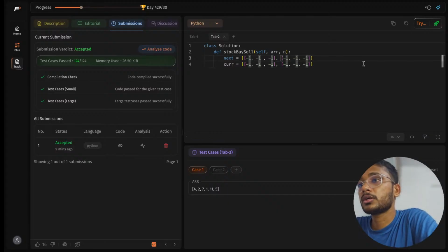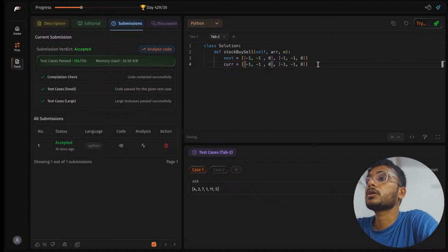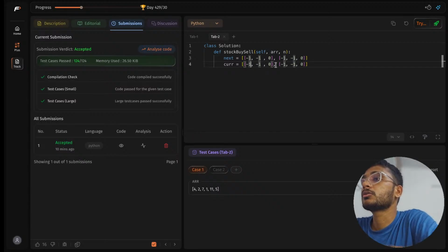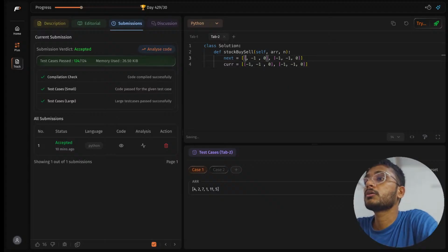Capacity is 0, then result will be 0. Whether it's buy or sell, I don't care. So it will be 0. For the others, at the starting, next will be 0. I need to put all zeros.